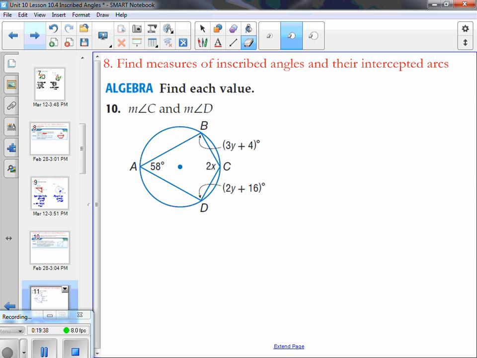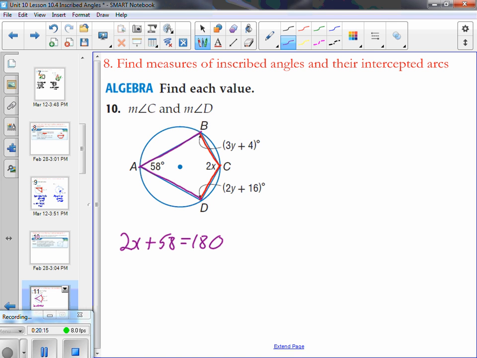Number 10, they want us to find the measure of angle C and the measure of angle D. Let's find C first. So here's angle C. It's an inscribed angle, and it's an angle of an inscribed quadrilateral. Here's angle A. It's an inscribed angle, and it's an angle of the inscribed quadrilateral, and it's opposite angle C. So according to our theorem, angle A and angle C are supplementary. So 2x plus 58 equals 180.